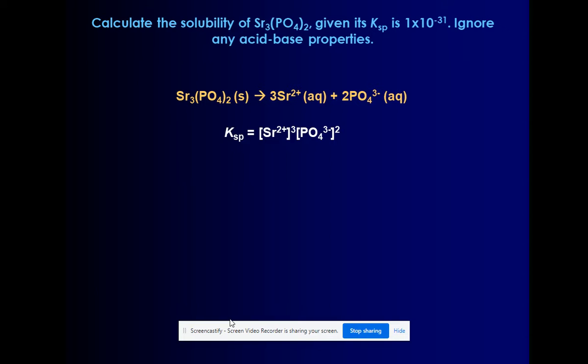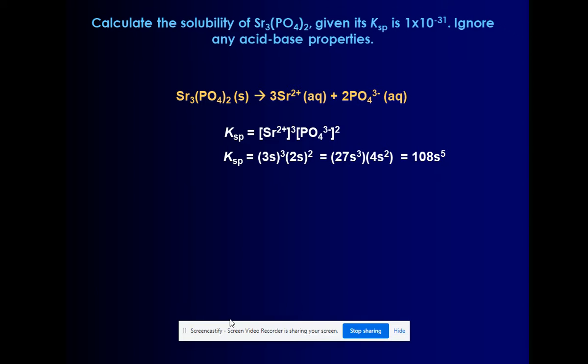What we also know is that 1 strontium phosphate makes 3 strontium ions and 2 phosphate ions. So, in terms of the solubility of strontium phosphate, strontium would have a concentration of 3 times the solubility of that solid, and phosphate would have a concentration of 2 times the solubility of strontium phosphate.